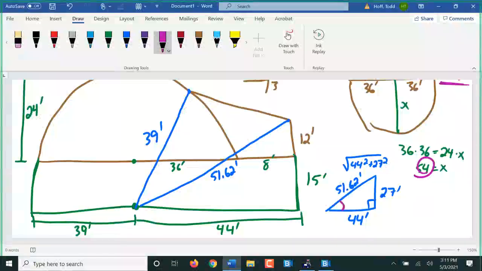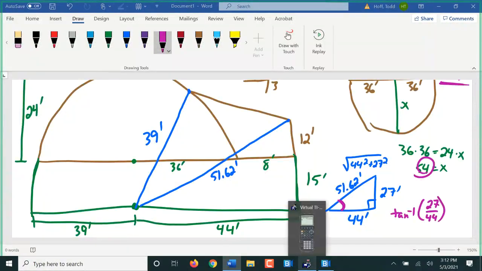Next, I want this angle here. This angle is going to be found using the inverse tangent of the opposite side, which is the 27, over the adjacent side, which is the 44.